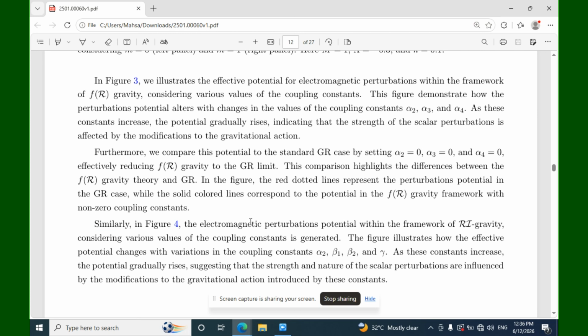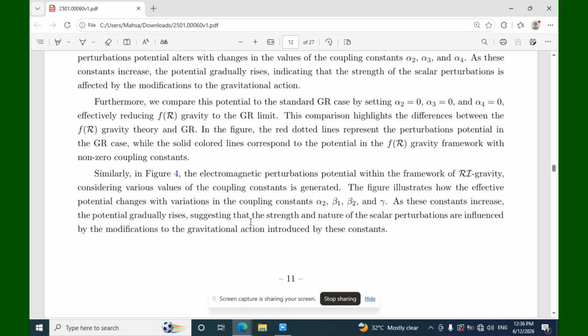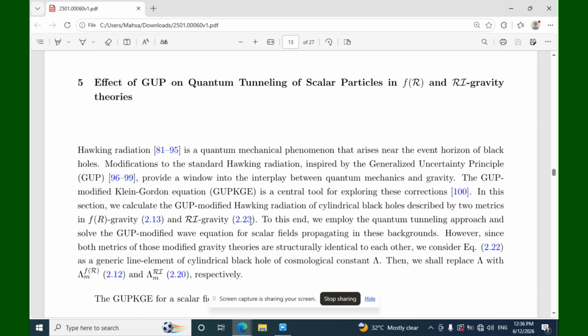The figure illustrates how the effective potential changes with variations in the coupling constants alpha 2, beta 1, beta 2, and gamma. As these constants increase, the potential gradually rises, suggesting that the strength and nature of the scalar perturbations are influenced by the modifications to the gravitational action introduced by these constants.